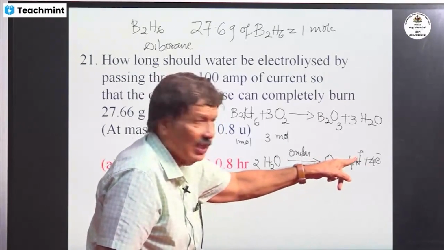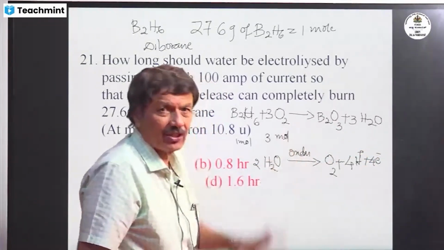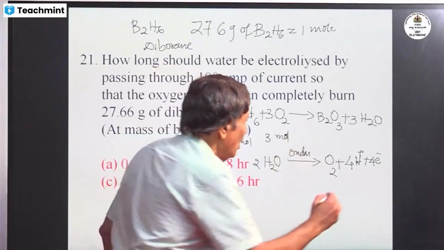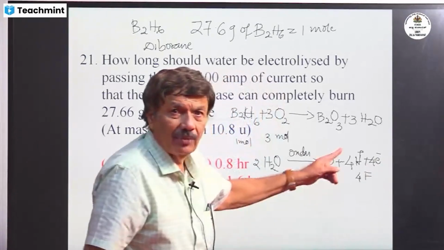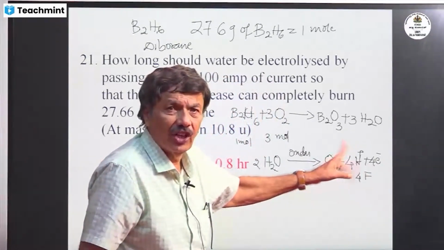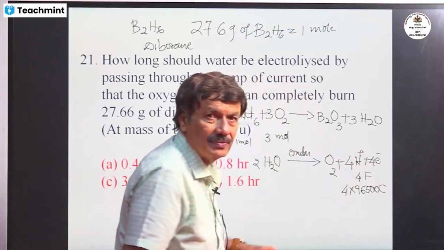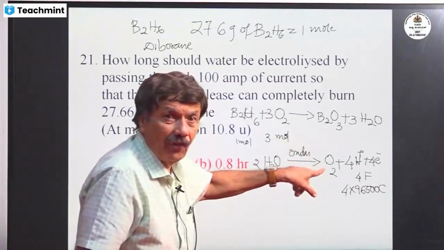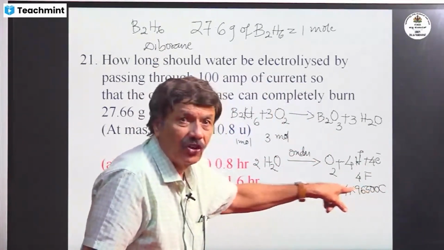Obviously 4 hydrogen ions, then charge wise it is balanced with 4 electrons. 1 electron means 1 Faraday, so 4 moles of electrons means 4 Faradays, that is 4 into 96,500 coulombs of charge. For 1 mole of oxygen to be liberated, you require 4 Faradays.